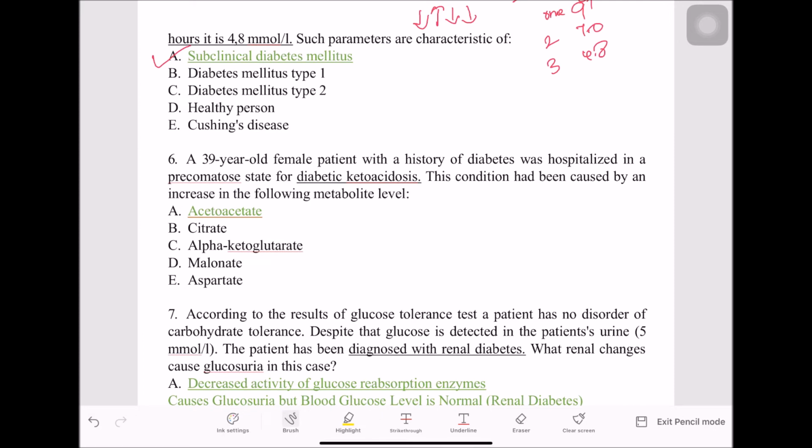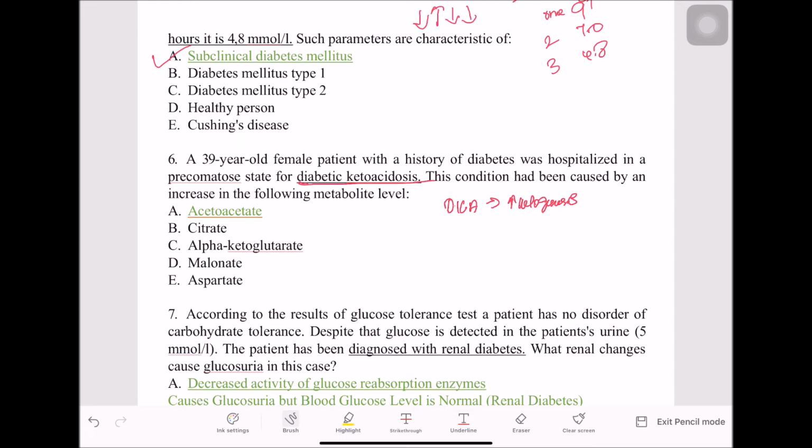A female patient with a history of diabetes was hospitalized in a pre-coma state for diabetic ketoacidosis. This condition is caused by an increase in the following metabolic level. When there is diabetic ketoacidosis, there will be increased ketogenesis.